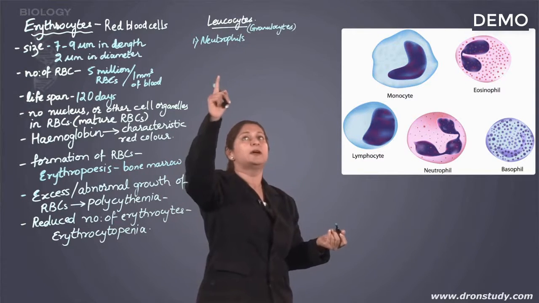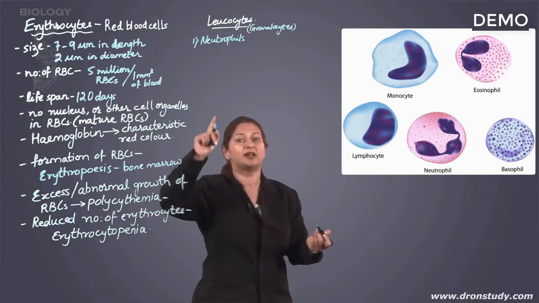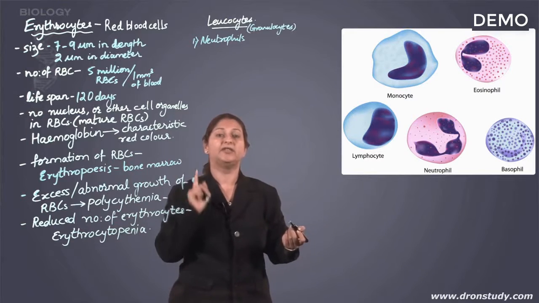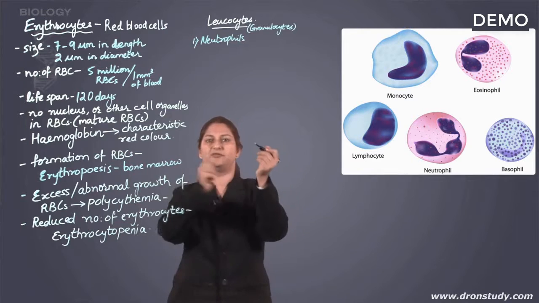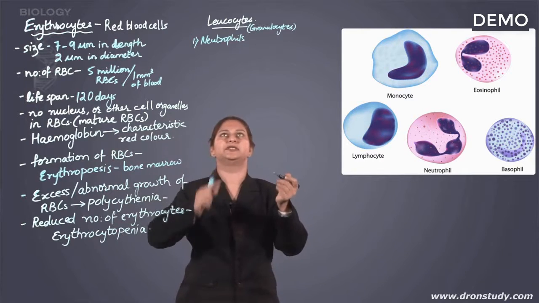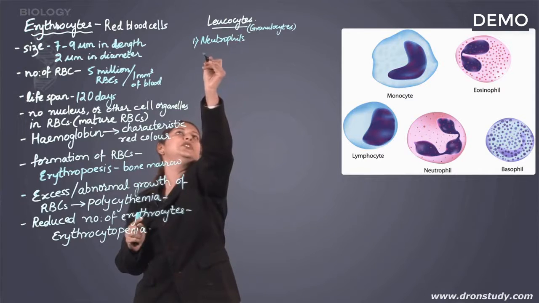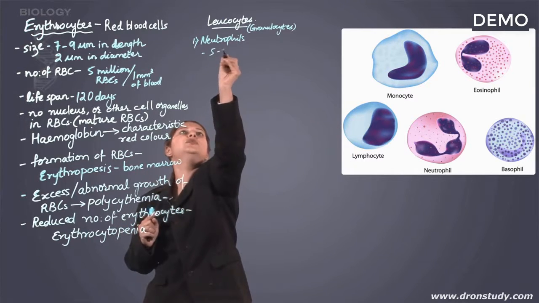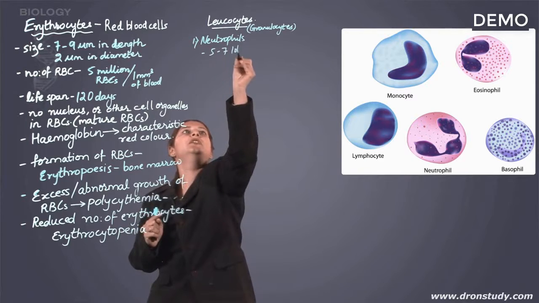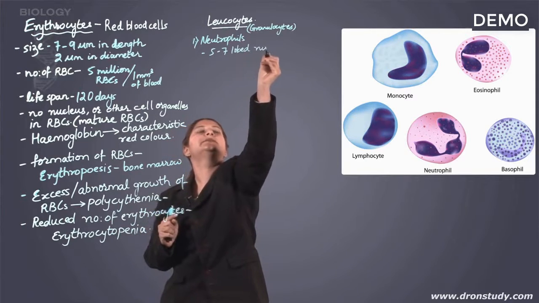Now here all the WBCs are nucleated. They have a prominent nucleus, and that is very distinct from the RBCs. So looking at the lobes of the nucleus, can you see that the neutrophils are having almost 5 to 7 lobed nucleus?